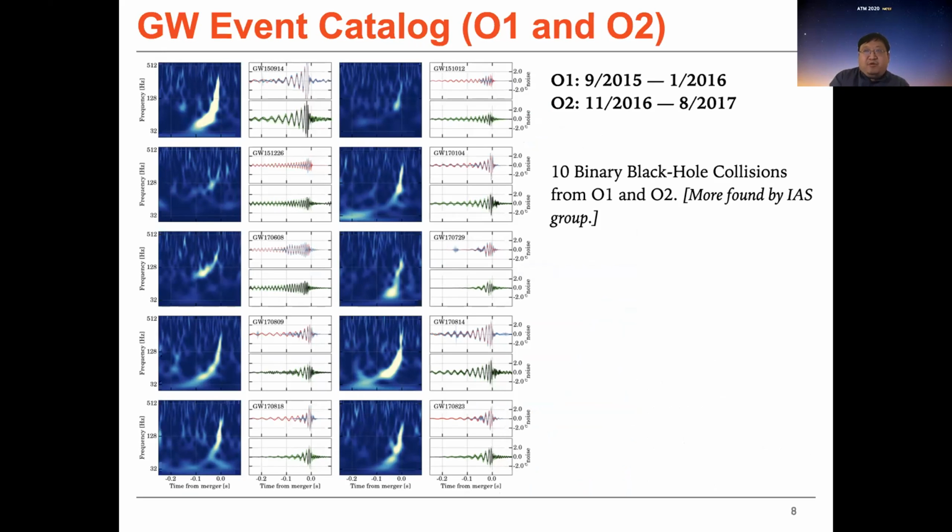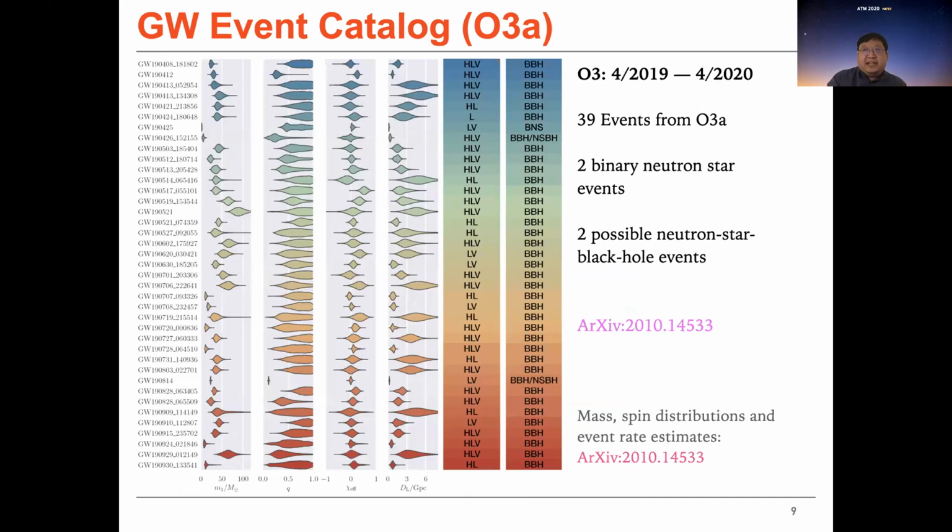And then the more recent release of data and results was from the first part of the so-called O3 run. The O3 is the third observation run, which was from April of 2019 to April of 2020.